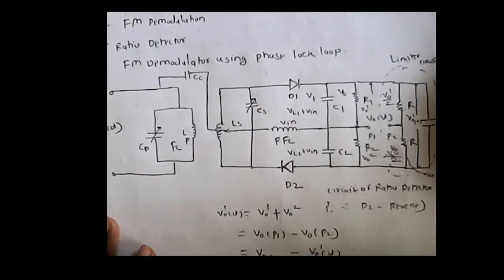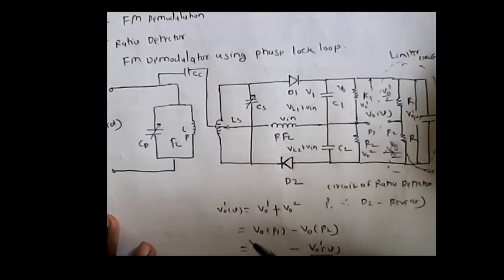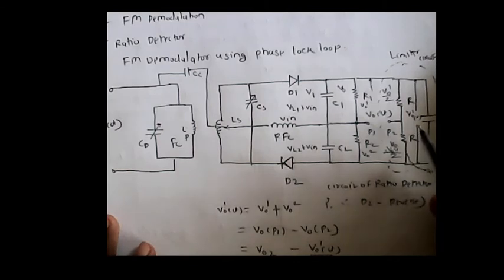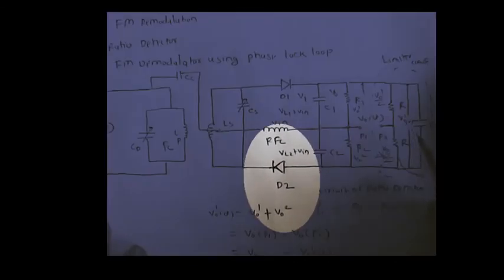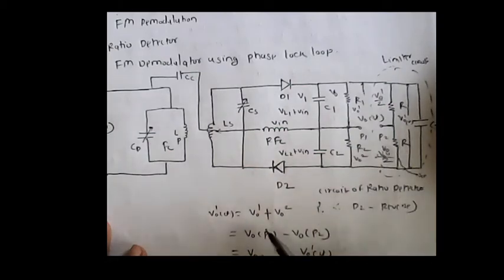The ratio detector is used to overcome the drawbacks of the Foster-Seeley discriminator. So the output voltage V out dash is equal to V01 plus V02.